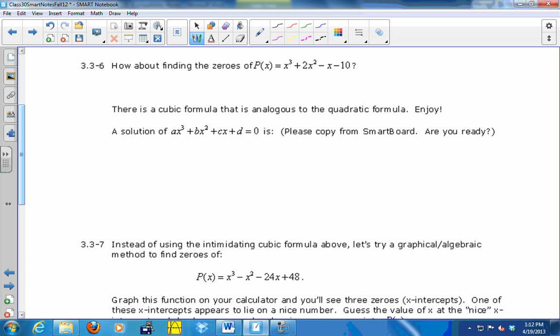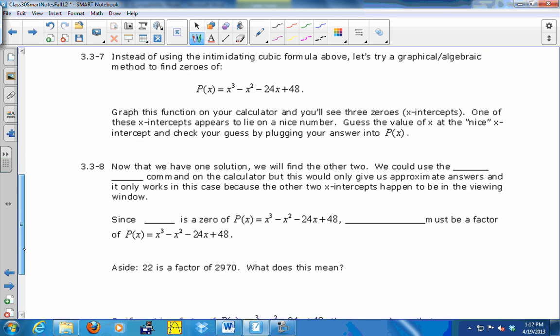So instead of using that really intimidating formula that's going to be very time consuming, we're going to use a graphical and algebraic approach. We're going to use both the calculator and some algebra to come up with all of the zeros of this polynomial.